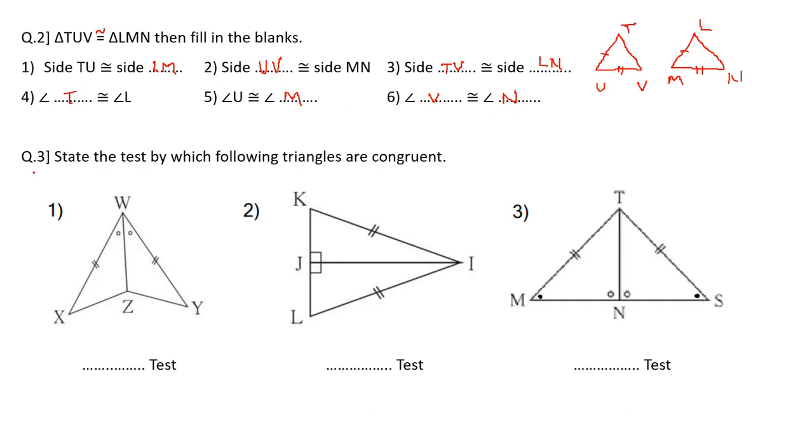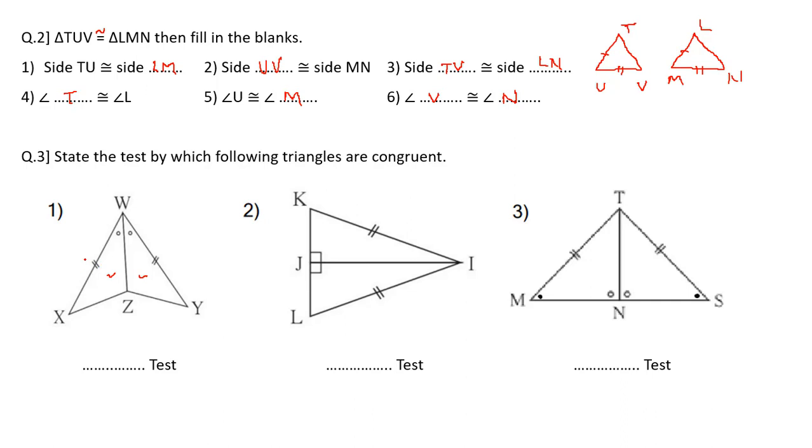Then question 3, state the test by which the following triangles are congruent. Here actually two triangles, XZW and YZW. By which test are these two triangles congruent?